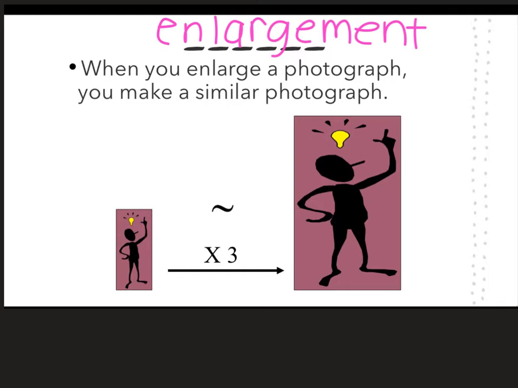It's making an image from being small and making it bigger. If I'm taking a smaller image and making it bigger, my scale factor would be multiplying it by some number. And these are considered similar figures, because remember, corresponding angles would be congruent, corresponding sides would be proportional, which is going up by that times 3.